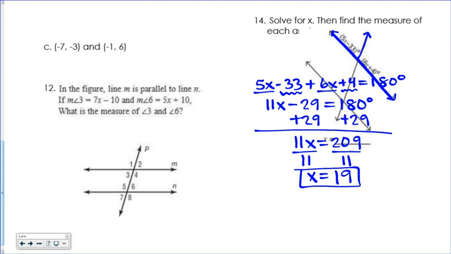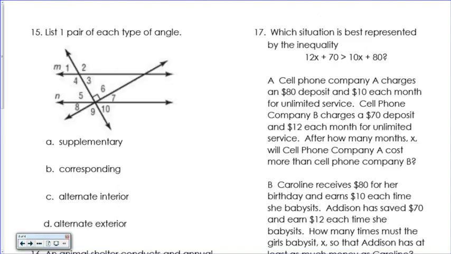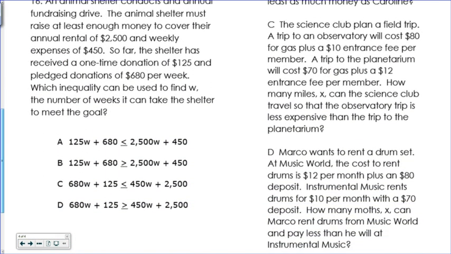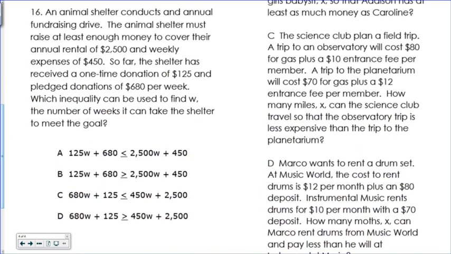All right, and let's do one last one. Let's do number 16. Looking at 16, picking out the key information so that you can set up your inequality. An animal shelter conducts an annual fundraising drive. The animal shelter must raise at least enough money to cover their annual rental.